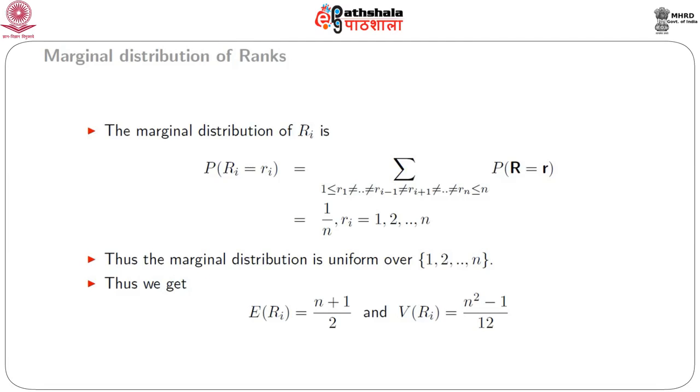After a mathematical simplification, we find that this probability comes out as 1 by n for every possible value, say Ri equal to 1 up to n. Thus, the marginal distribution is uniform over 1 to n, and we at once get the expected value of Ri as (n plus 1) by 2 and the variance of Ri as (n square minus 1) by 12.